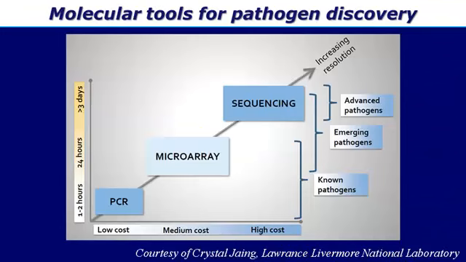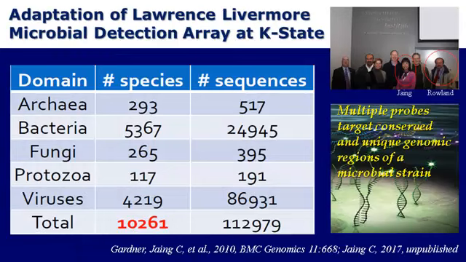The molecular tools, including the microarray and sequencing, play important roles in the discovery of emerging viral pathogens. Kevin is going to discuss the details of the sequencing technology. Here I'm going to give you a brief overview of the microarray technology that we recently adapted from the Lawrence Livermore National Laboratory.